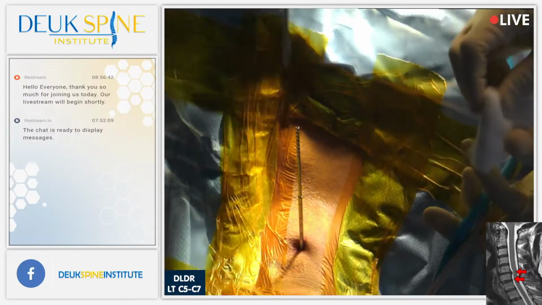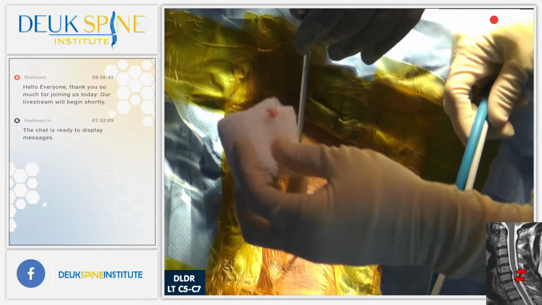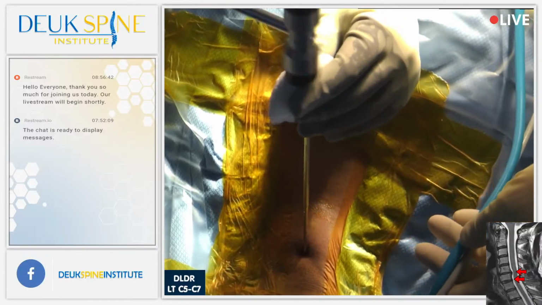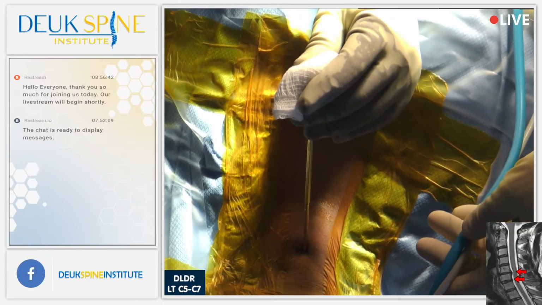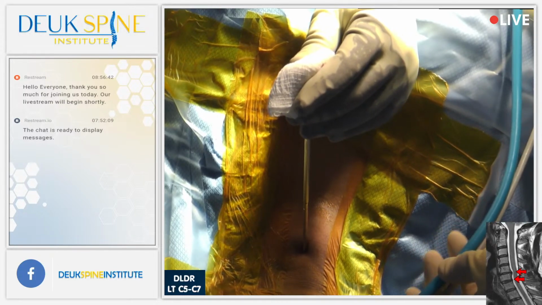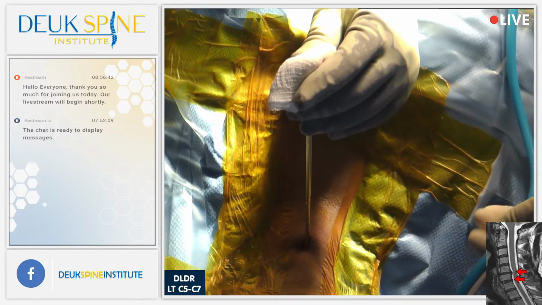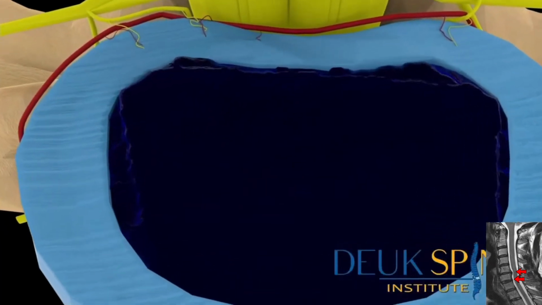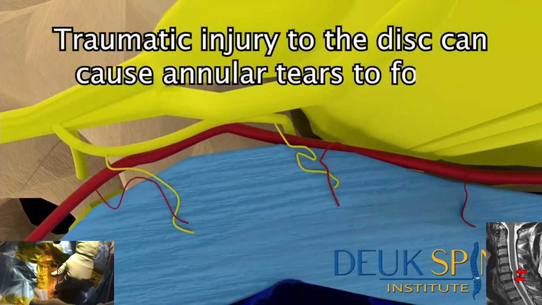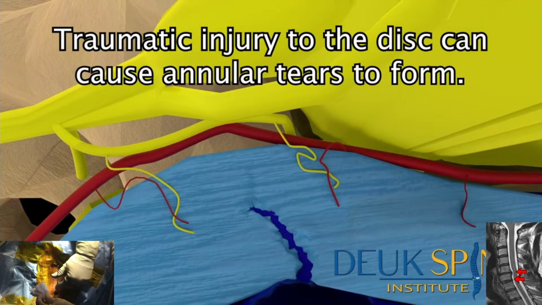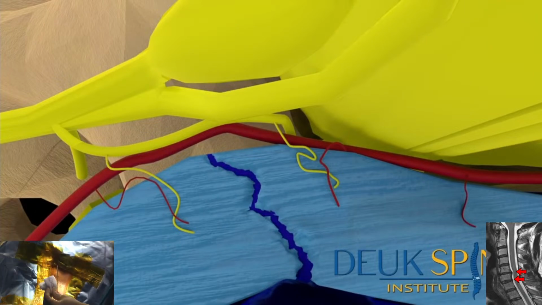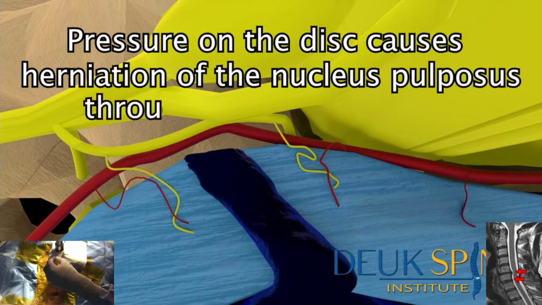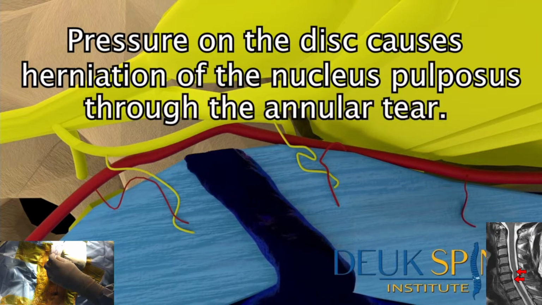Why do people that have a herniated disc or a bulging disc have pain in their neck? A little inline for me. Traumatic injury on the disc can cause annular tears to form. Pressure on the disc causes herniation of the nucleus pulposus through the annular tear.